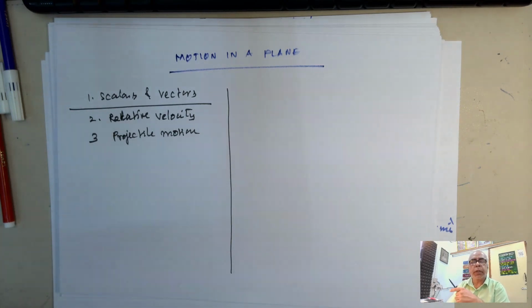And when I say relative velocity, there are some problems associated with it, for example raining and river crossing, etc. So there are so many interesting problems related to relative velocity.